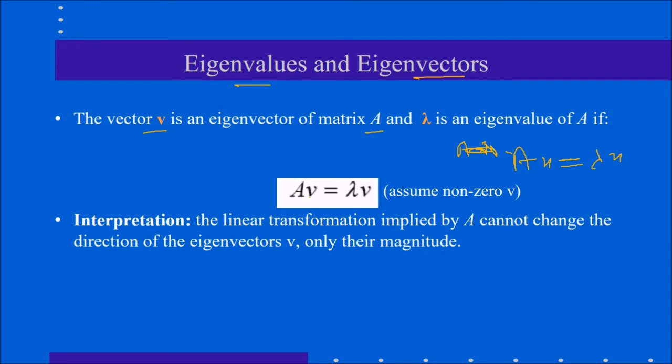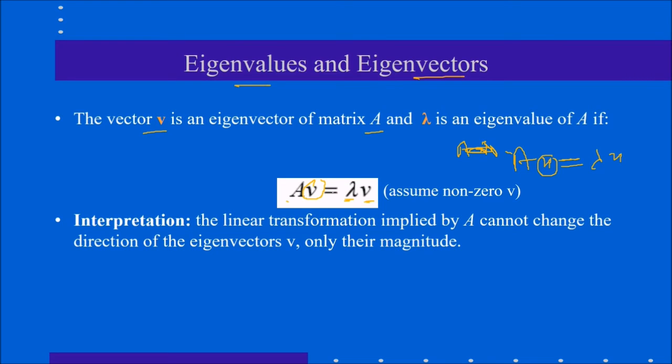This is the condition for the eigenvector and eigenvalue. So this vector v is the eigenvector; in some books it is given as x, so x will be the eigenvector there. So this v will be the eigenvector of matrix A, and this lambda will give you the eigenvalue of A. We are assuming that this vector v is non-zero.